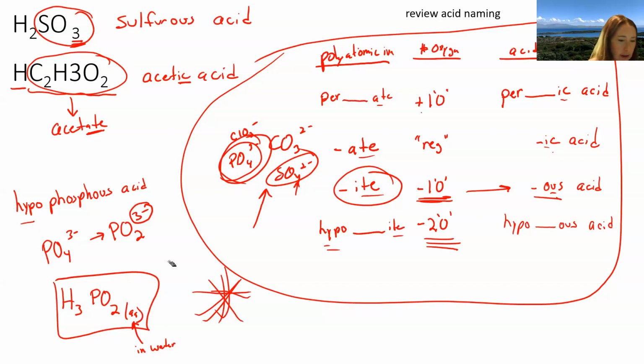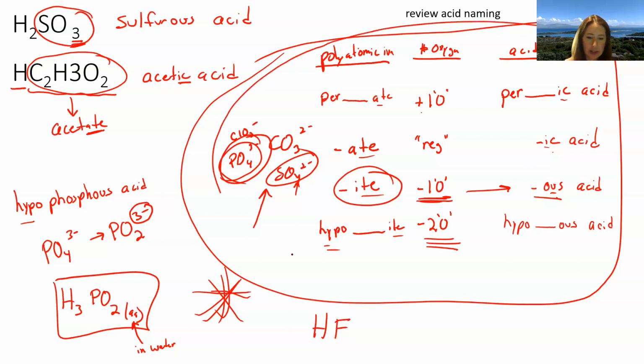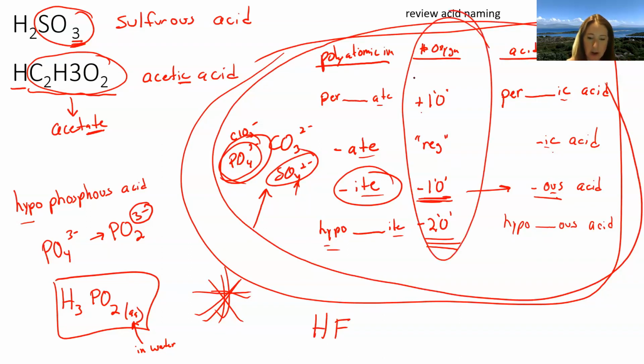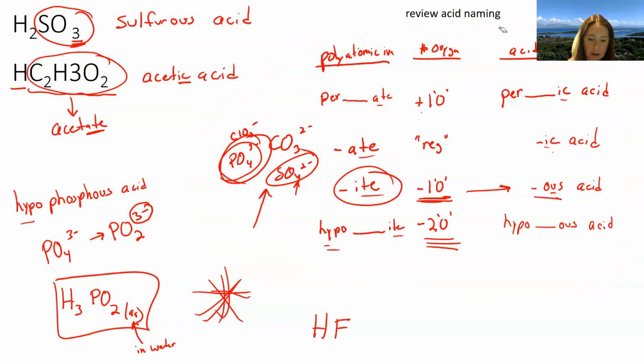another acid. Let's do HF. So do you see how this uses the number of oxygens? There are no oxygens. If no O, use hydro-ic acid. See, there's no O here.